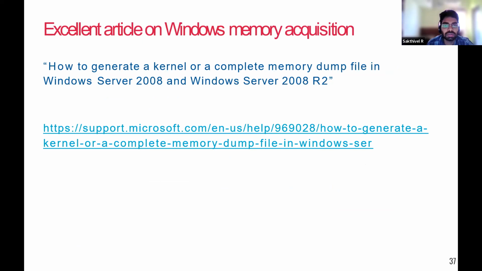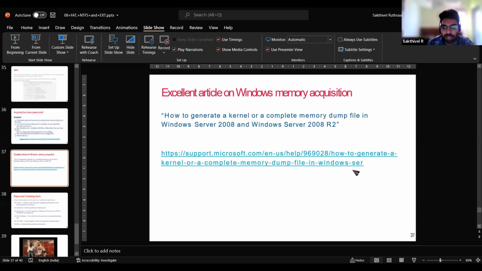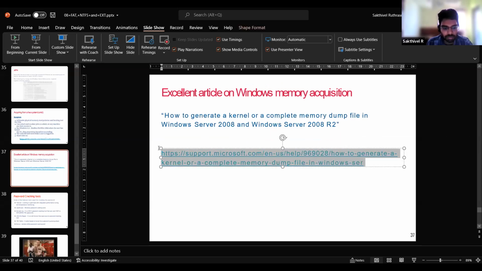For example, you cannot go into every system and get a memory dump, but you can go directly into the server OS, which is used in most companies, and take a dump from there. So I'll share this article as well. You can have a look.